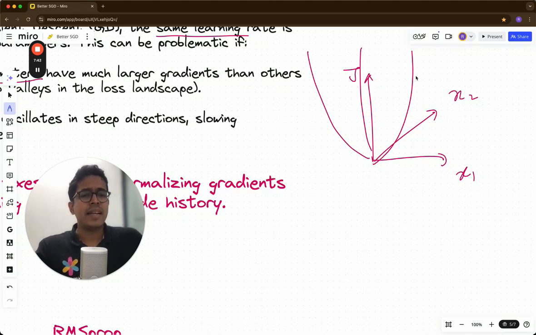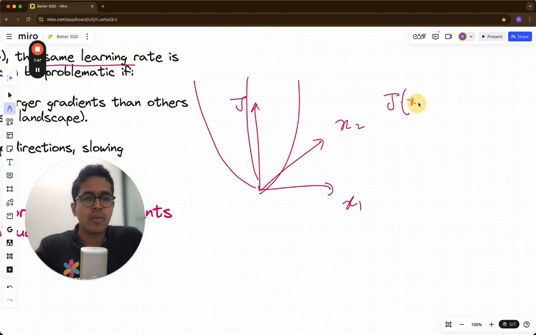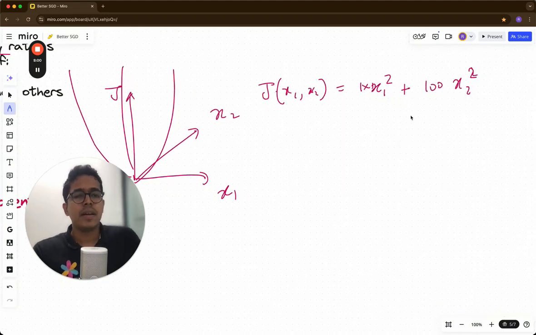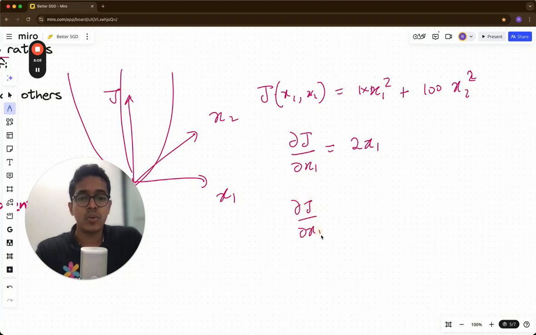Now in this case, it can so happen that J of x1, x2 is something like 1 times x1 squared plus 100 x2 squared. So if you calculate the gradient, dJ by dx1 equals 2x1, but dJ by dx2 equals 200 x2.